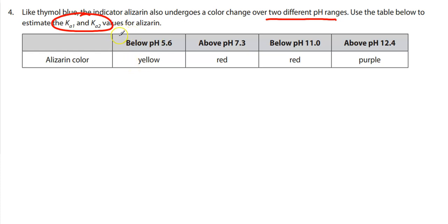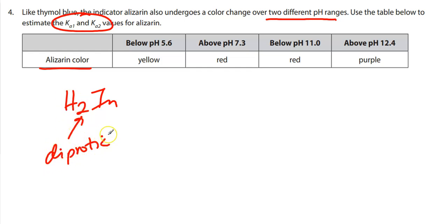So alizarin must have 2 hydrogens that it's able to give away, so it would be a diprotic weak acid.